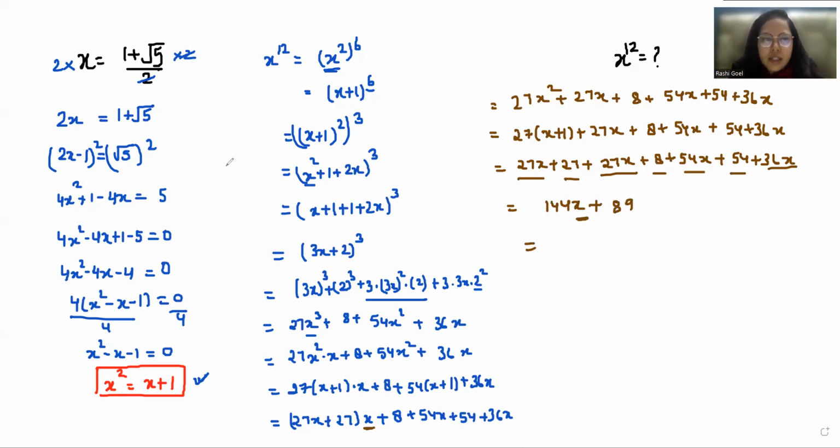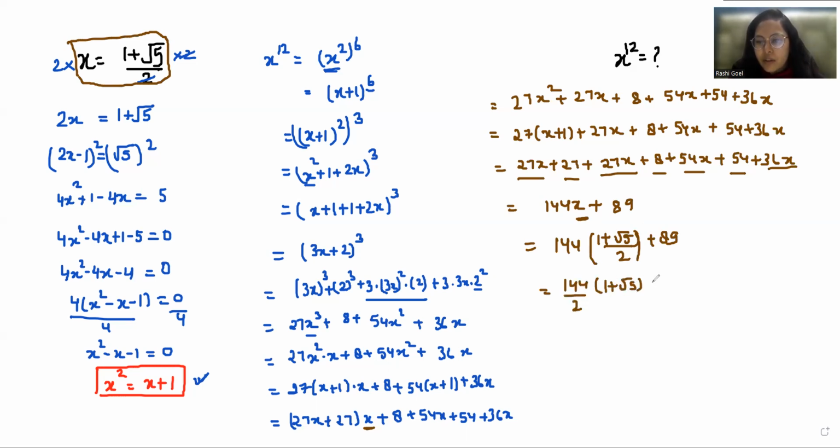Now the value of x is given in the beginning of the question: (1 plus square root of 5) by 2, plus 89. So 144 by 2, (1 plus square root of 5), plus 89. So if we eliminate it, we get 72 (1 plus square root of 5) plus 89.